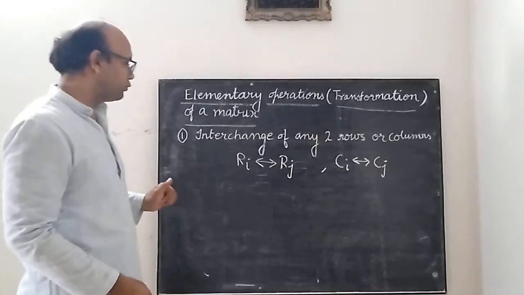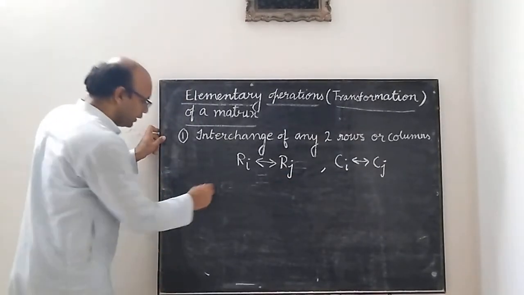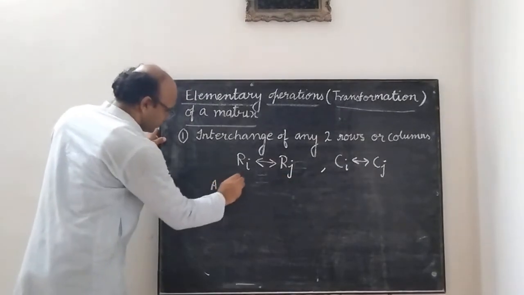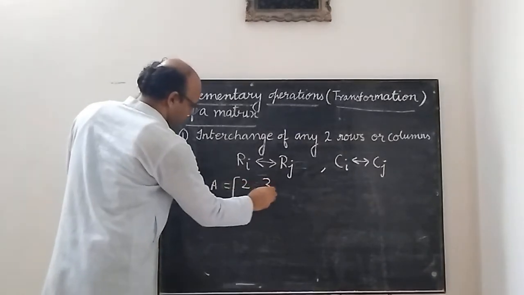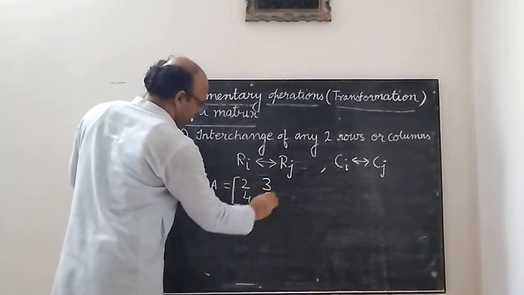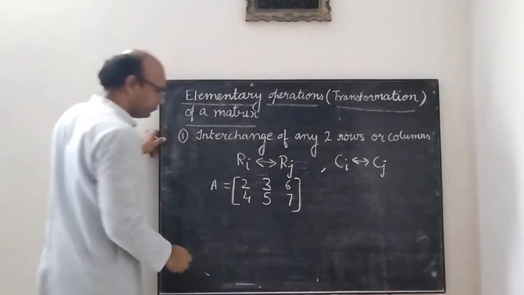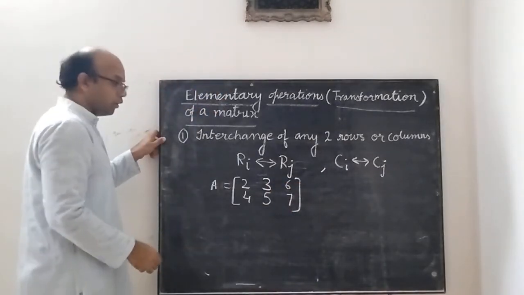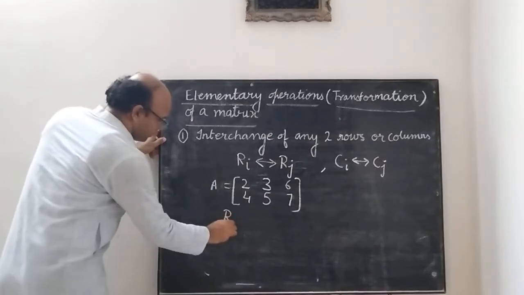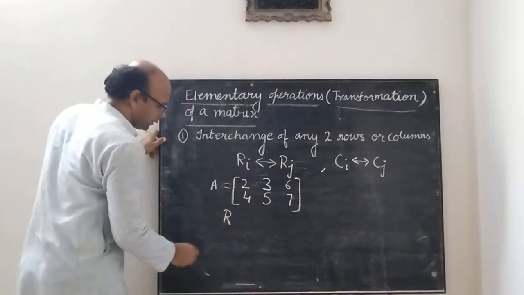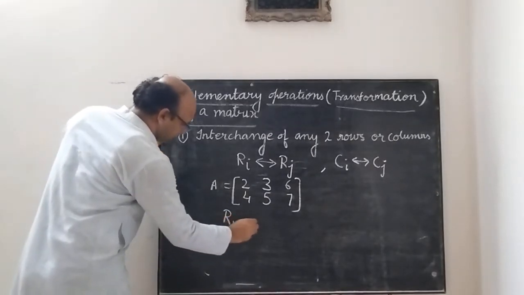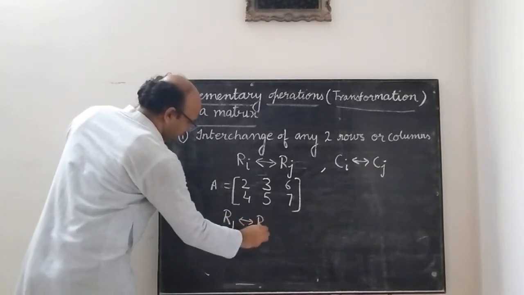We understand this with an example. Suppose you have a matrix with rows 2, 3, 4 and 5, 6, 7. Suppose we apply R1 and R2 interchanged.